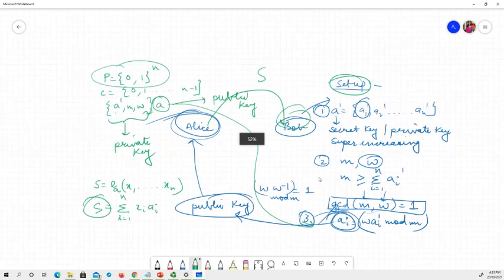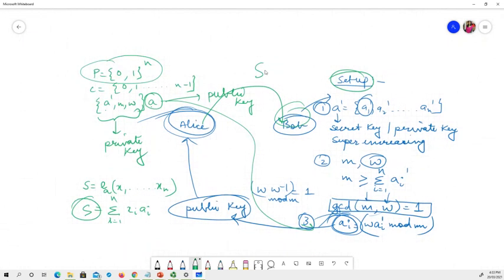Once Bob receives this subset value S, since GCD of M and W was equal to 1, a multiplicative inverse exists for that number. We know S that we calculated was the summation of xi into ai. If we multiply this S value with the multiplicative inverse of W, which is W inverse S modulus M, this would give us S prime.